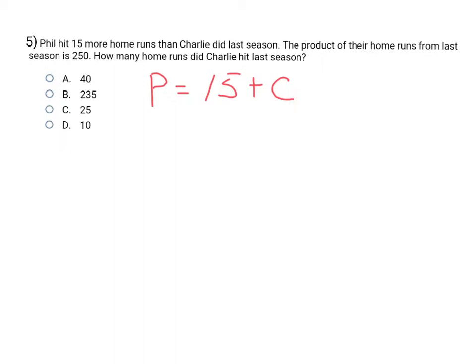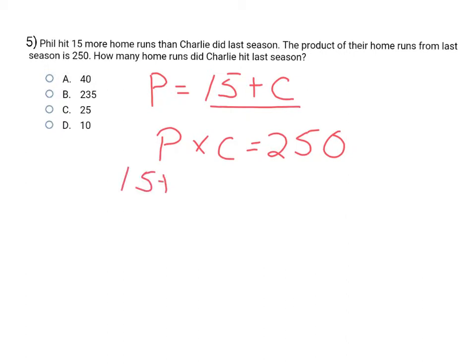We know that the product of their home runs is 250. So that means if I take Phil times Charlie, that's going to equal 250. Well, I know that Phil can also be written as 15 plus C. And then I can take that times the C, and that equals 250.